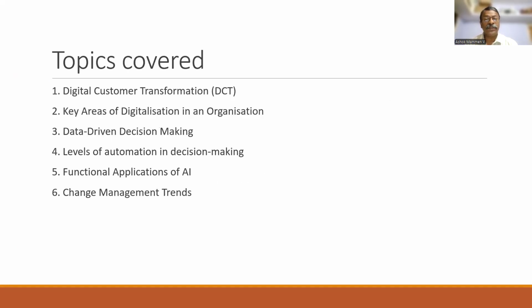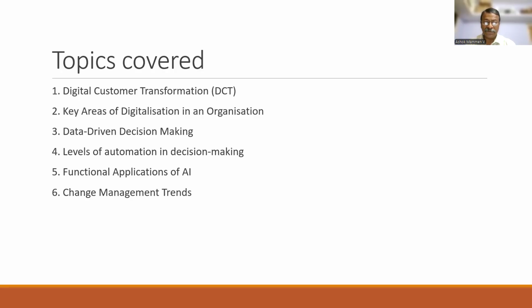Let us go through the topics we will be covering in this session. First, we'll try to understand what digital customer transformation is all about. We'll look into the key areas of digitalization that happen in an organization. We will look into how technology drives decision making by using data, so we talk about data driven decision making.